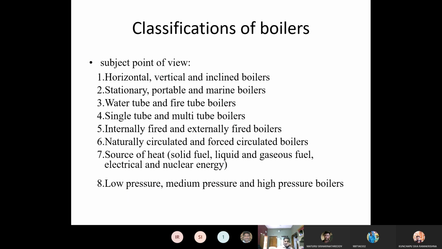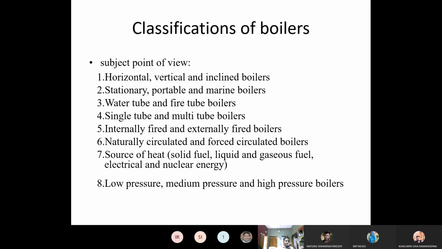And this is the classification of the boilers: horizontal, vertical, inclined, according to the axis. According to its motion: stationary, portable, and marine boilers. According to the circulation of water through or over the tubes, they are called water tube boilers and fire tube boilers.